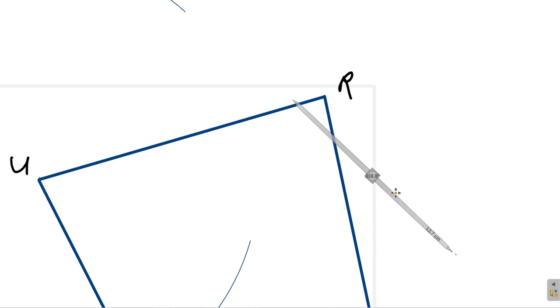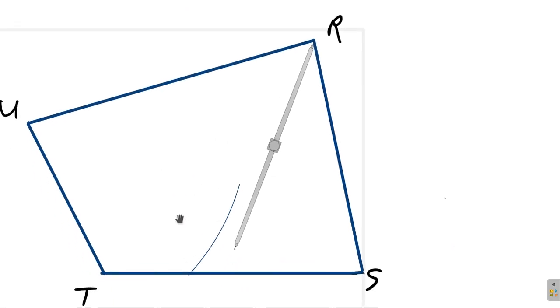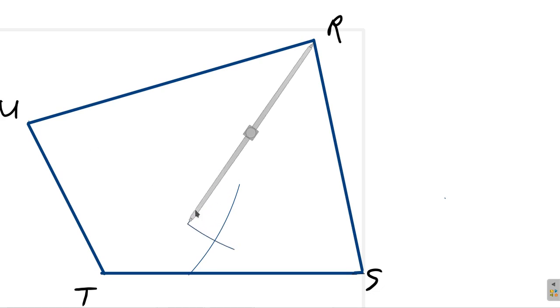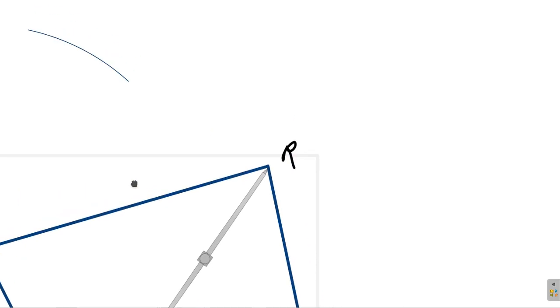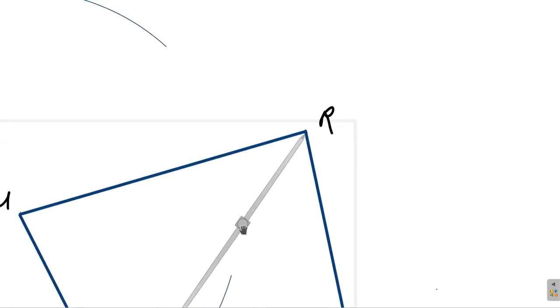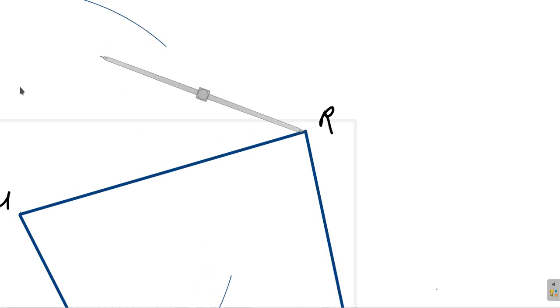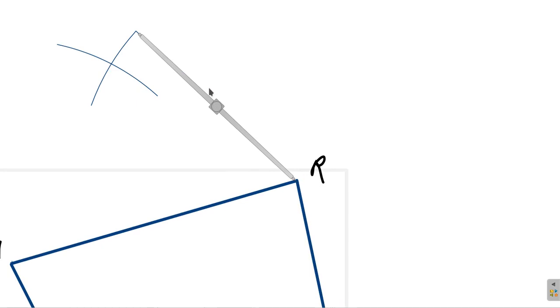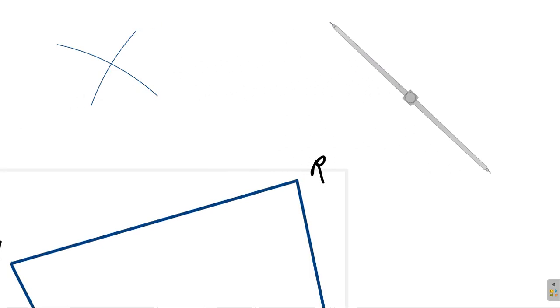Alright. At the compass point at the other end, keeping the same radius, don't change the radius of the compass. Swing another arc. Good. And then up here, swing an arc to make these bisect.